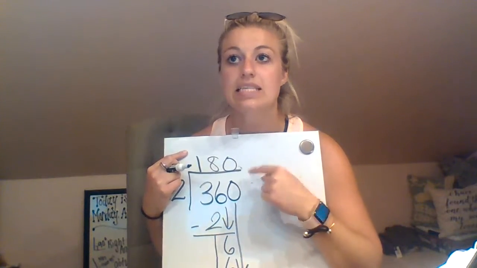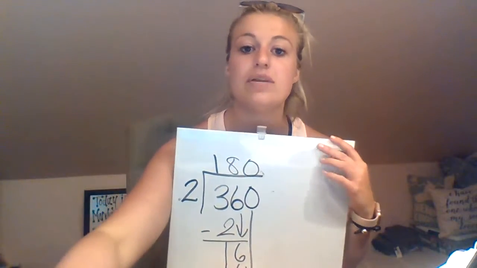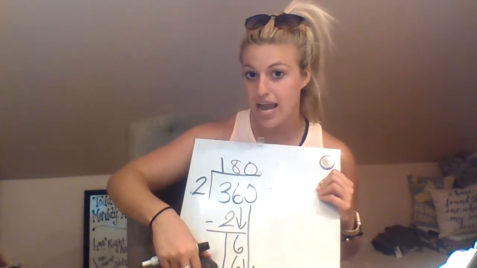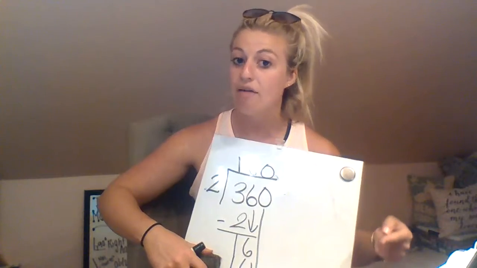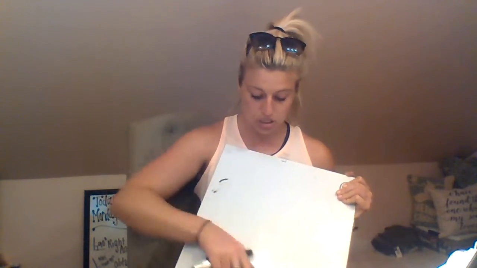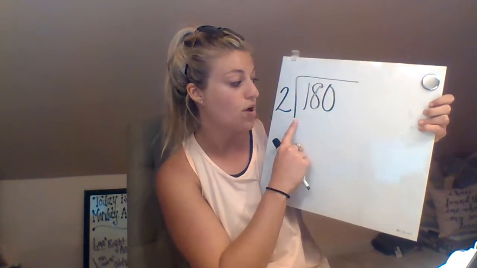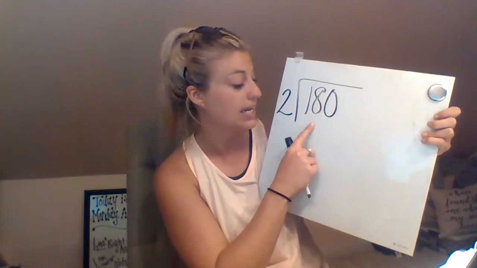But then it says that this half is divided in half 2 more times. So now I have to take 180 and divide it by half. Remember, half means 2. So now I'm going to do 180 divided by 2. Okay? Can 2 go into 1? No, 2 is greater than 1. So I have to look at 18.